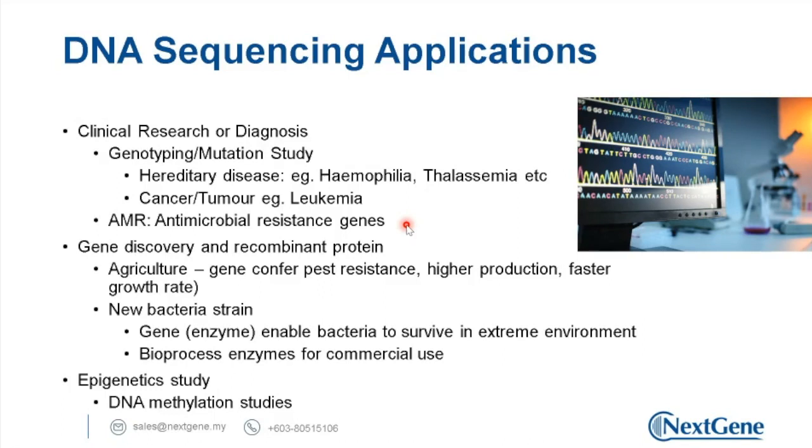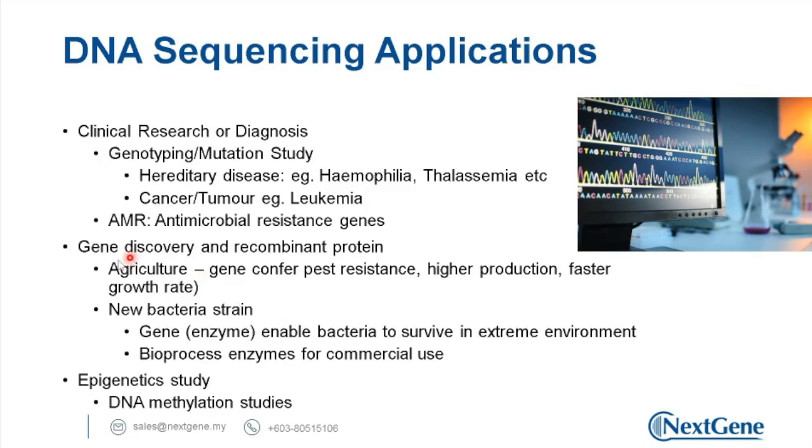This is important because if the bacteria causing infection in those patients are very resistant to the drugs the doctor gives for the patient to recover, it is a problem. However, if we manage to detect all these antimicrobial genes, we know which drug to choose to cure diseases like sepsis or bacterial infection.